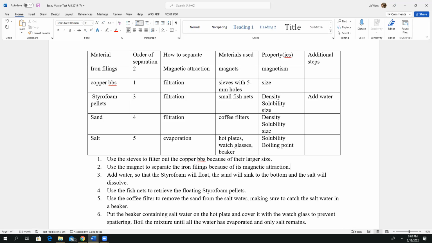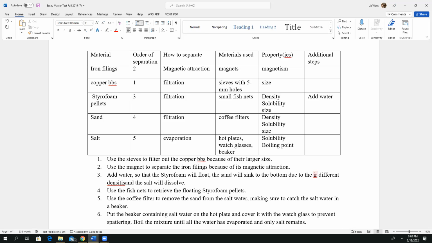Like that, if you don't do that. And then here, you could say, due to their densities, they're different densities. Let's put that. Densities.